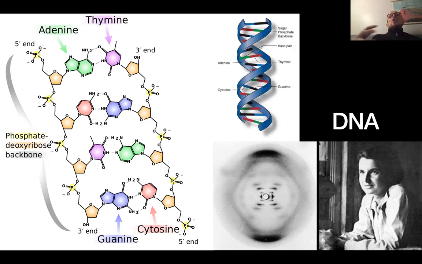The bases don't actually bond with each other in the same way that you were modeling the bonding of atoms when you were investigating molecular models. They bond through something called hydrogen bonding, which is a very weak kind of bond that's easily broken.